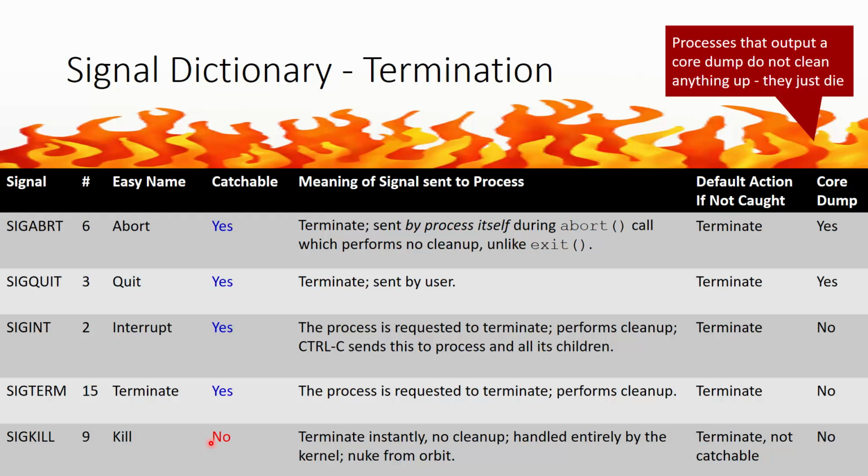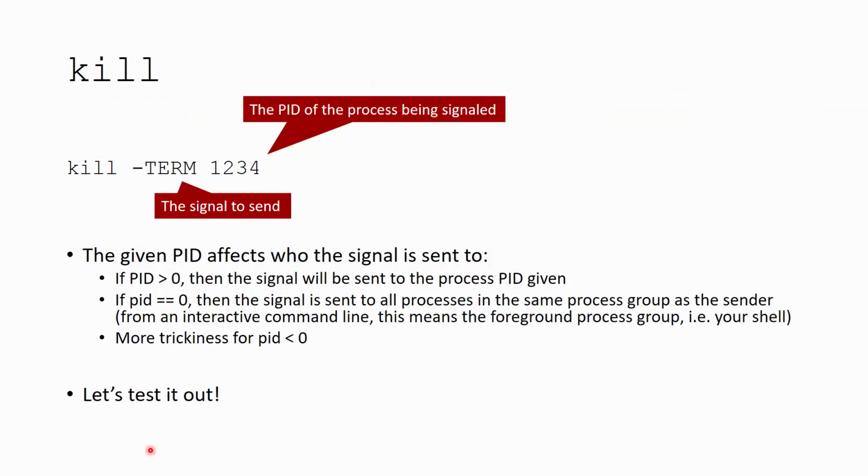When the kill signal arrives, the kernel simply removes your process. It's just gone. Your process never knows that it happened. It cannot be caught. You can register a signal handler for it, which will compile and seems to act like normal, except that signal handler will never trigger because it's never invoked. It's killed from outside the process.